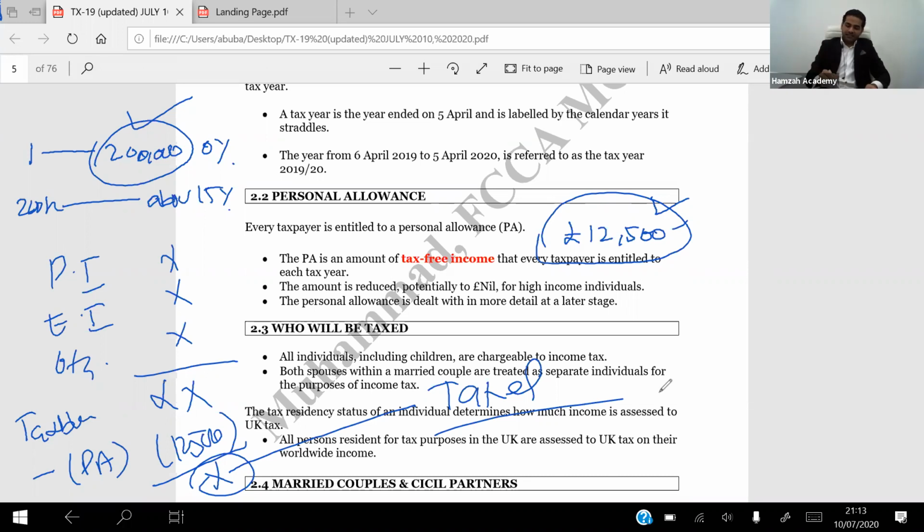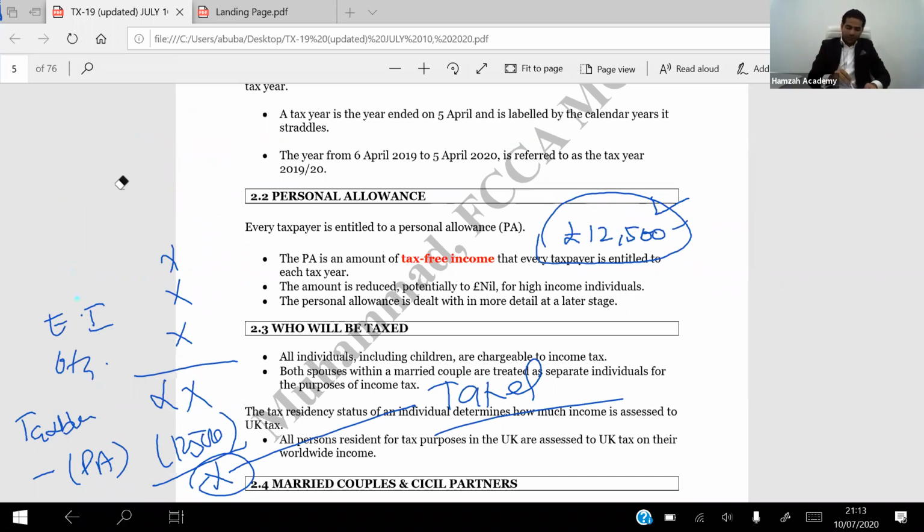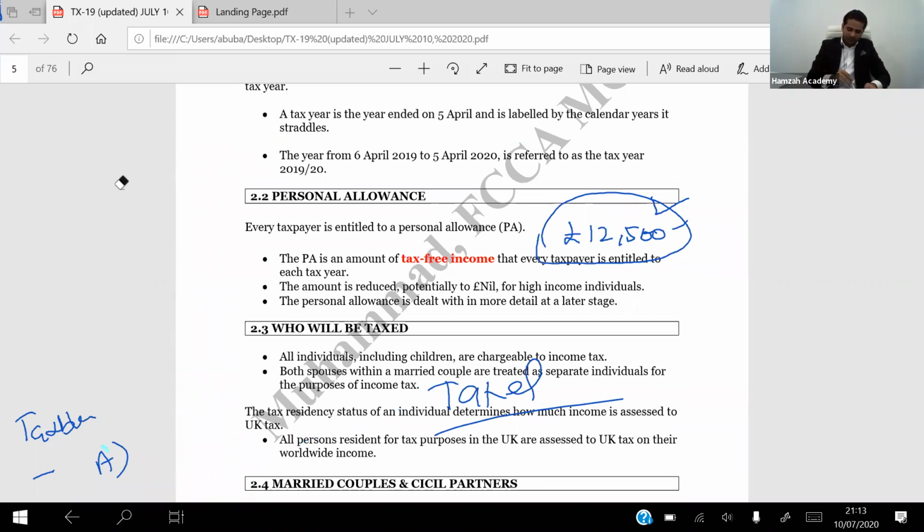Or maybe we can say that there is a portion of your income which will not be taxed, which HMRC allows not to be taxed, and that figure is 12,500. That is called your personal allowance. Where exactly the personal allowance will be used, later part, don't stress yourself, because there's a format where you can plot everything.